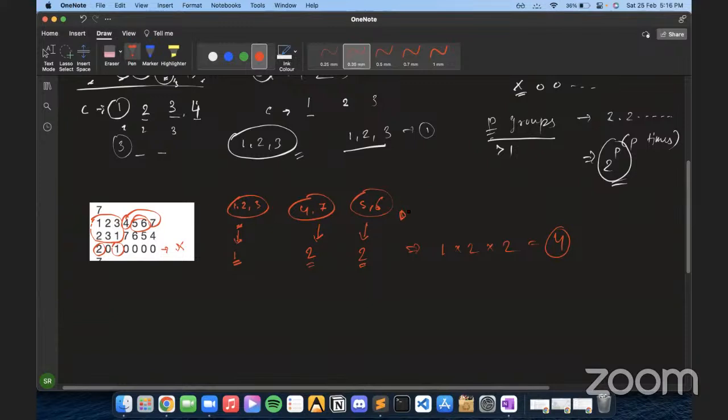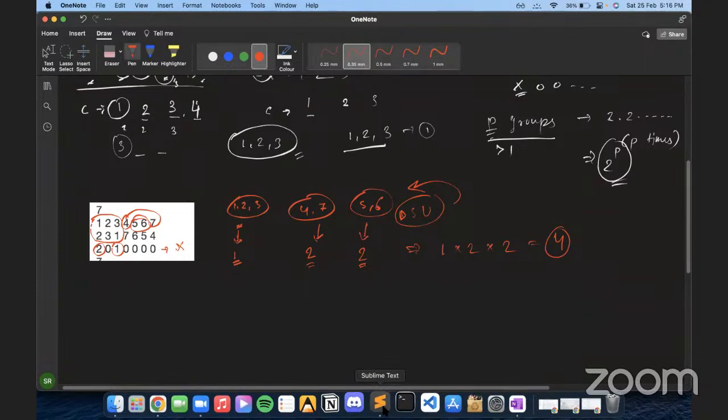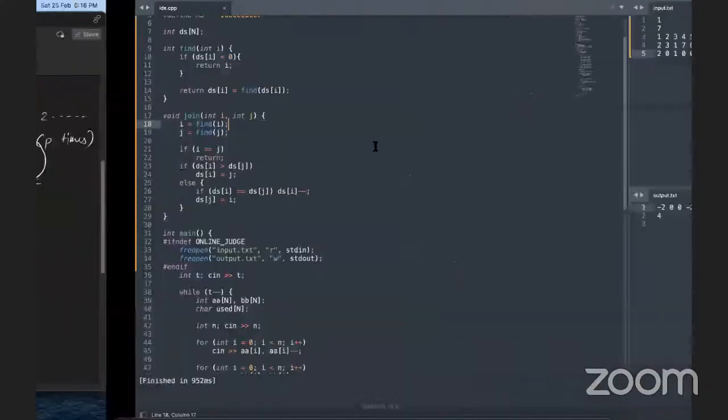Okay, we'll use DSU to form these groups, right? All right, let's just come to the code directly, so that it would be clearer that way.